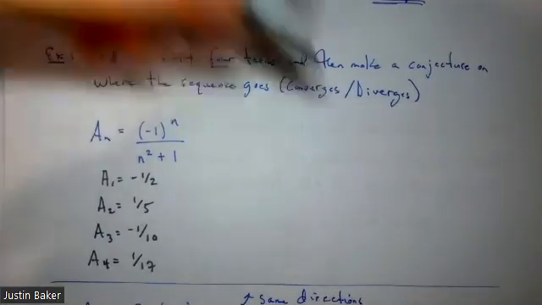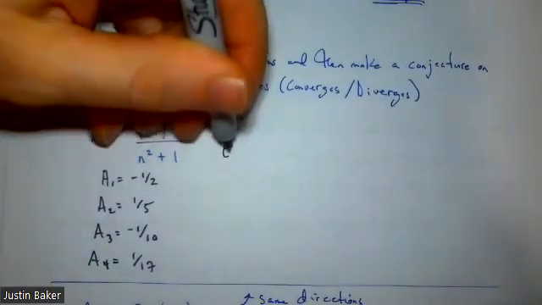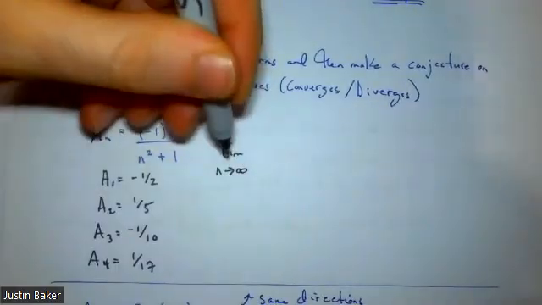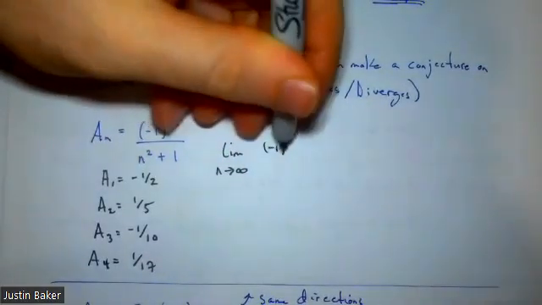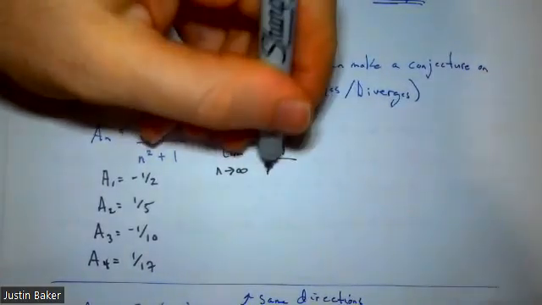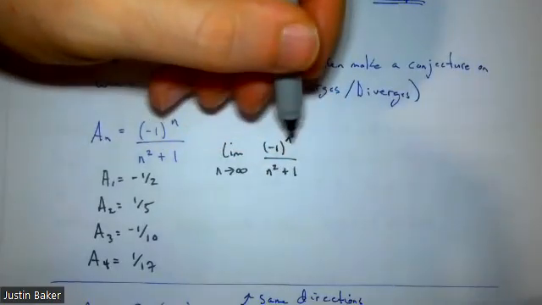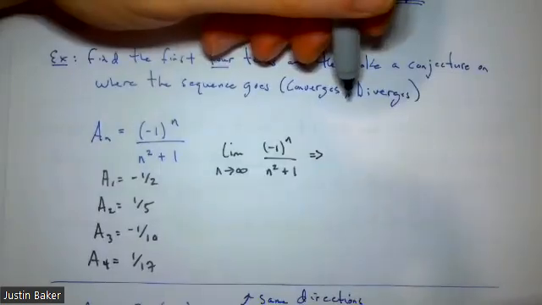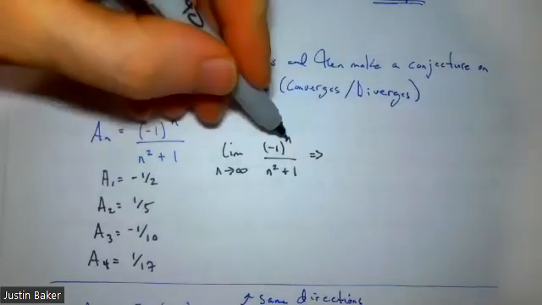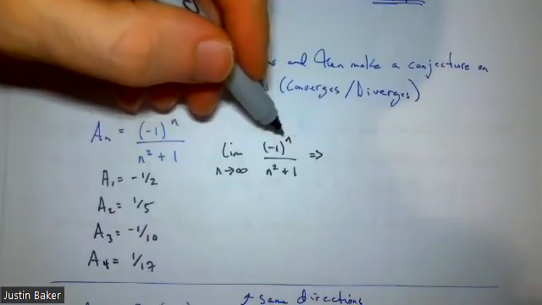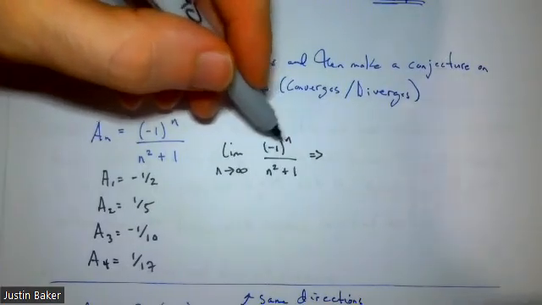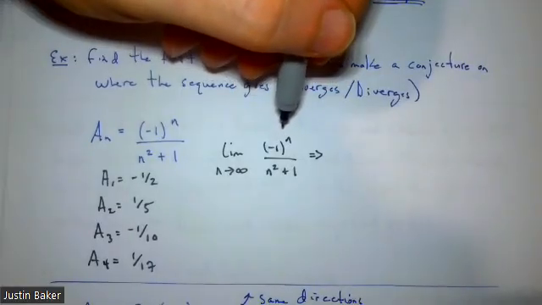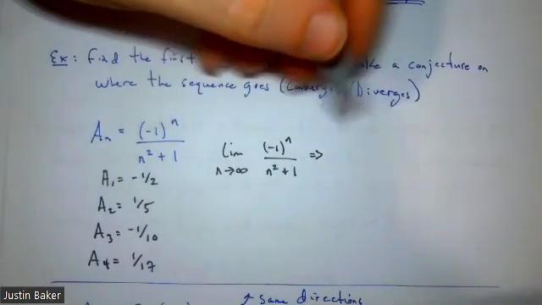Okay. All right. So if we look at this now, for a conjecture, we're going to say the limit as n goes to infinity for the thing we just looked at, negative 1 to the n over n squared plus 1. And when we evaluate this limit, what's going to happen as n goes to infinity? Think about what happens there. Every time it changes, it's either going to be positive or negative 1, right? So if it's a positive power, it's positive.